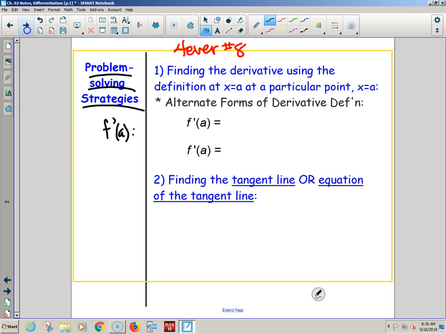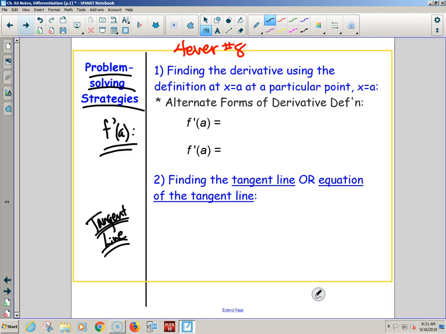Remember, you're supposed to be identifying what it is you're supposed to be studying, and tangent line. These are the actual titles I want you to use. Not that you can't use problem solving strategies, that's the overarching title. But actually put down f prime of a and tangent line. Those are the two things this card is about.